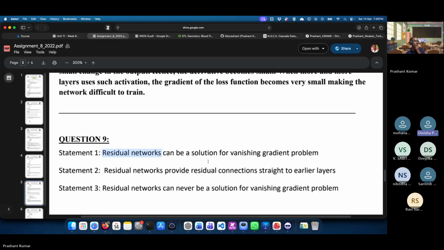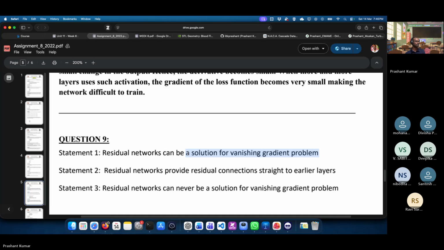So what is the question here? Which is right or which is wrong? This first statement is correct, it will help to reduce the vanishing gradient. Obviously, because there is a relation between input and output, there will be fewer gradients in between, so there is less chance of vanishing gradient.